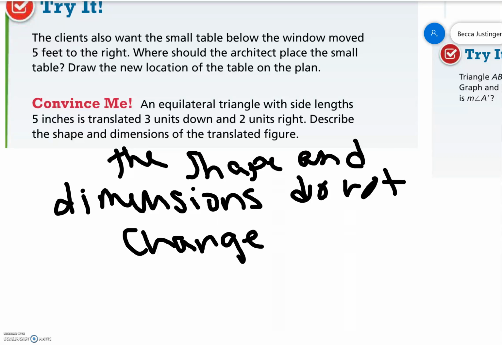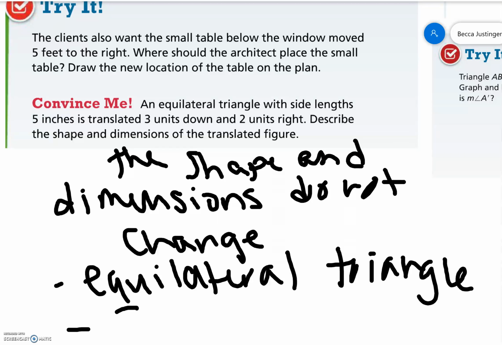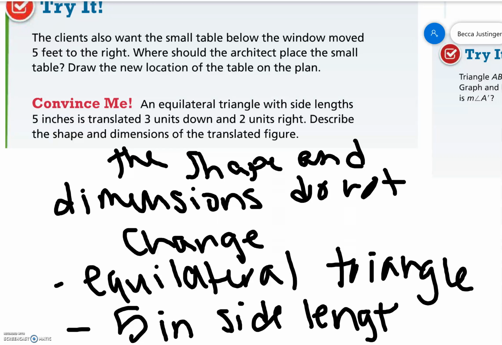So it'd still be an equilateral triangle, with side lengths of 5 inches. So it's the same triangle, it's just moved around.